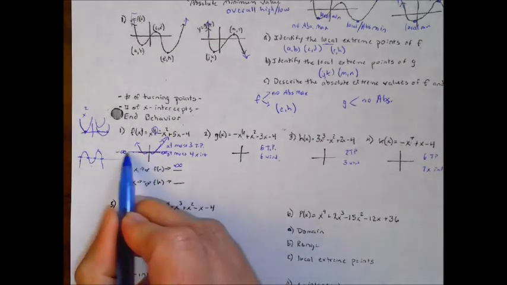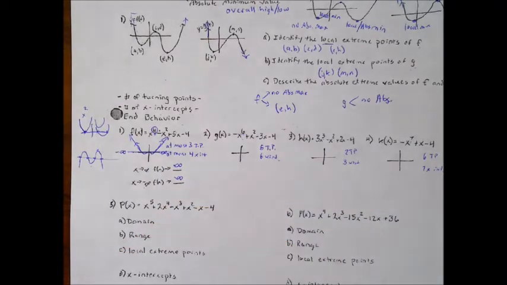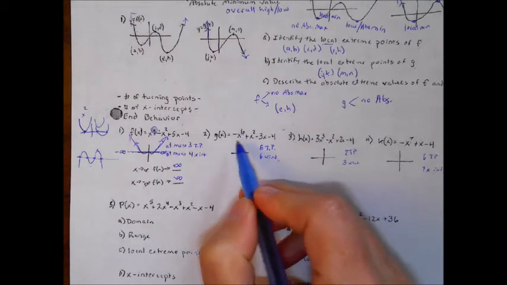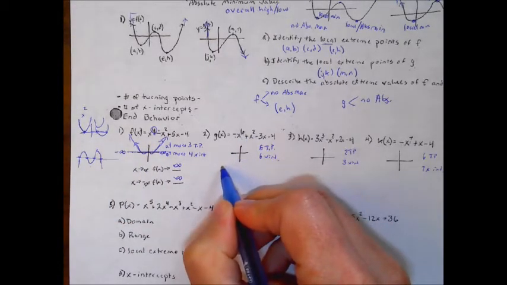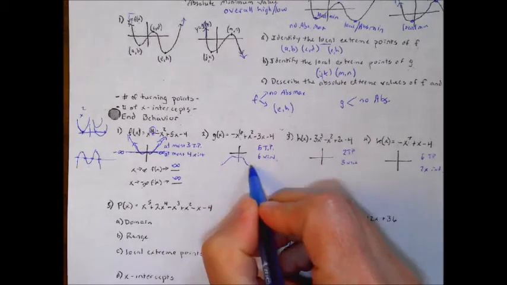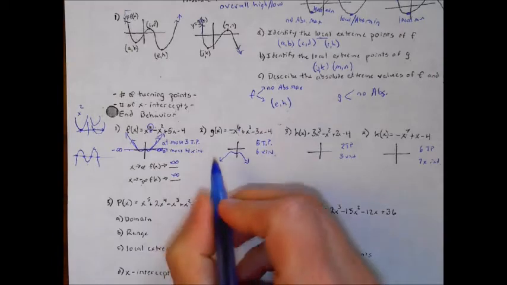Now negative x to the 6th. If you would graph it, it'll look something like this. We're going to start with our end behavior as x approaches infinity and as x approaches negative infinity. What's happening to my y or my f of x?